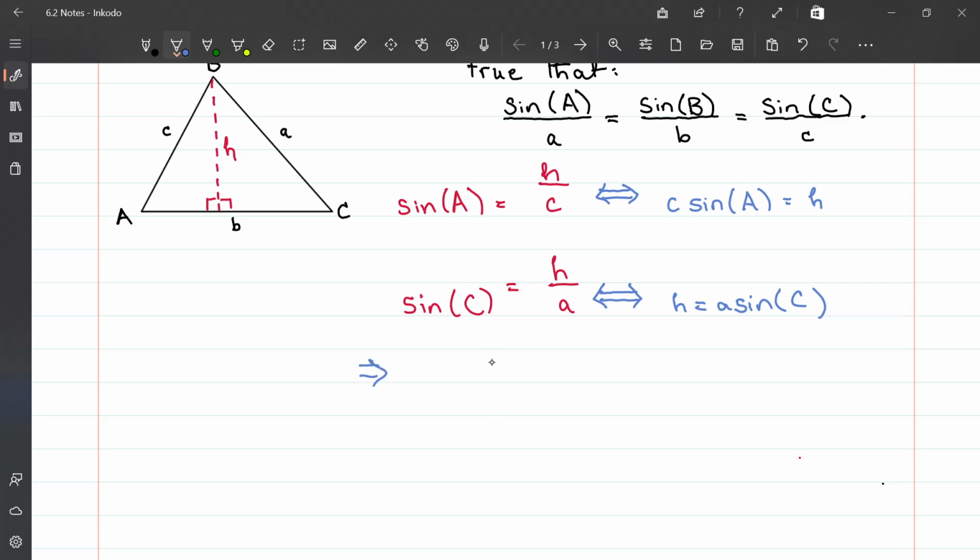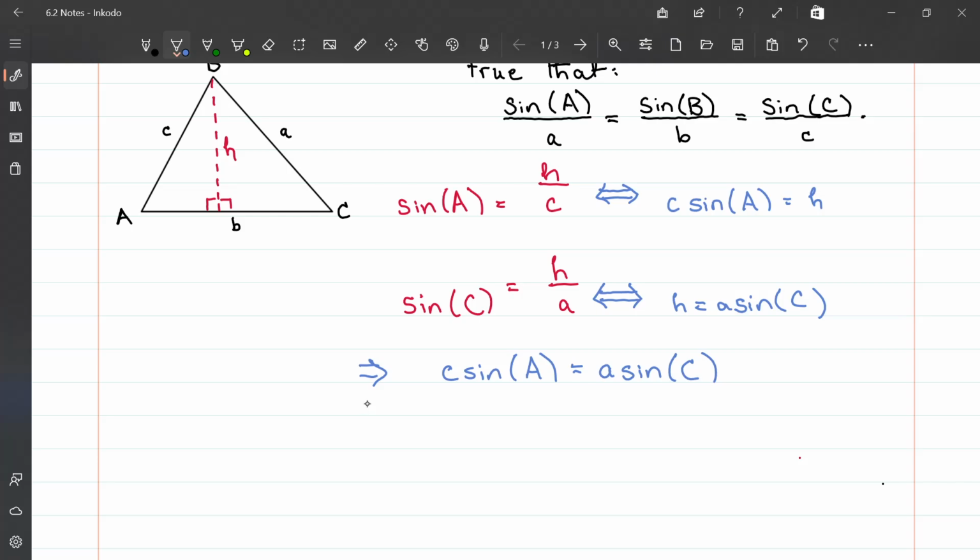I could write that c sine of a is the same thing as h, and that is the same thing as a sine of c, but I don't really need this little h anymore. For what I'm doing now, little h has served its purposes. I can cut out the middleman and write the slightly simpler format, c sine of a is equal to little a sine of c.